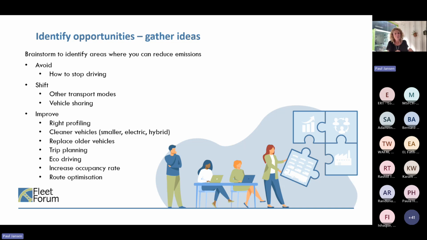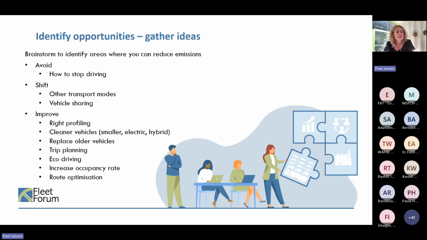Ask people for their ideas on how to stop driving, how to set up vehicle sharing, how to even do only one shared trip a day. Even start small. Don't start with big initiatives, but start with small ones that you can then grow and get better at.